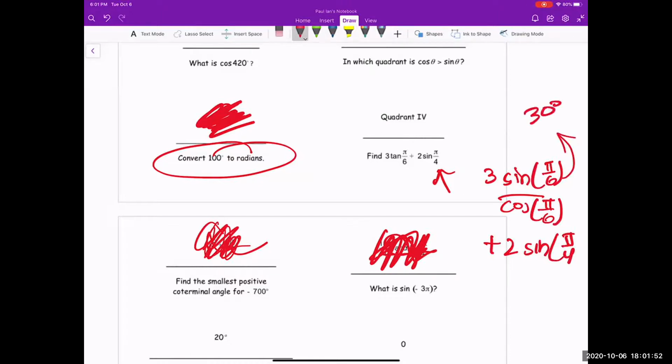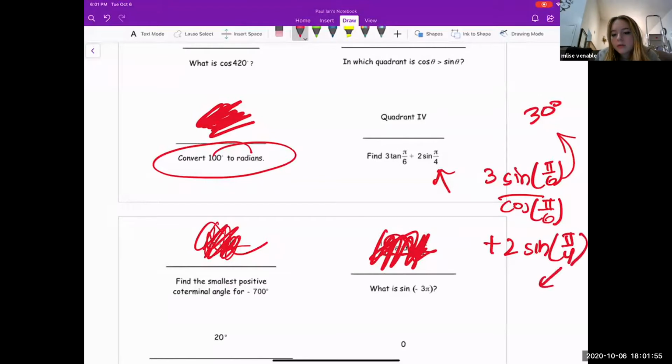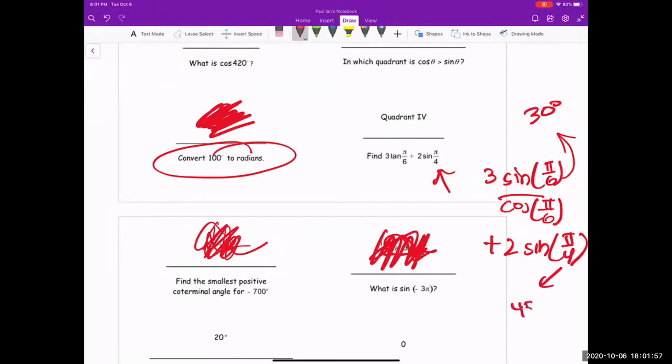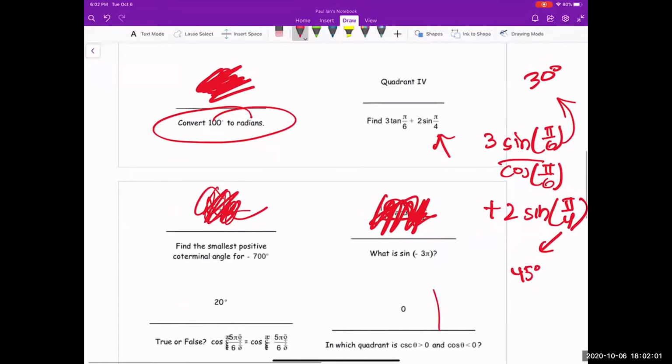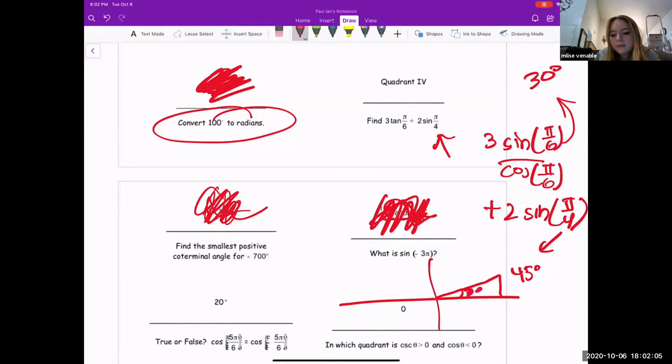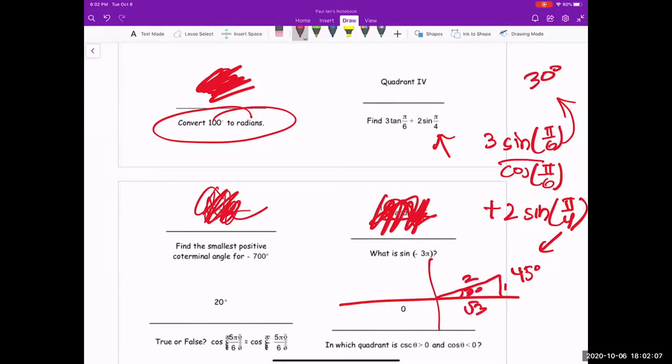And then pi over 4, that's just a 45. That's why I remember the triangles. Now I can make these triangles. Sine of this one. 30: 1, 2, root 3. So that's going to be 1/2. The bottom one is going to be cosine, so that's root 3 over 2.